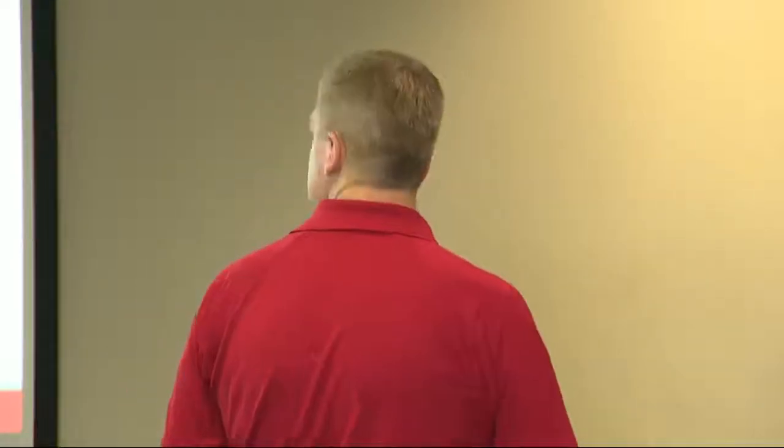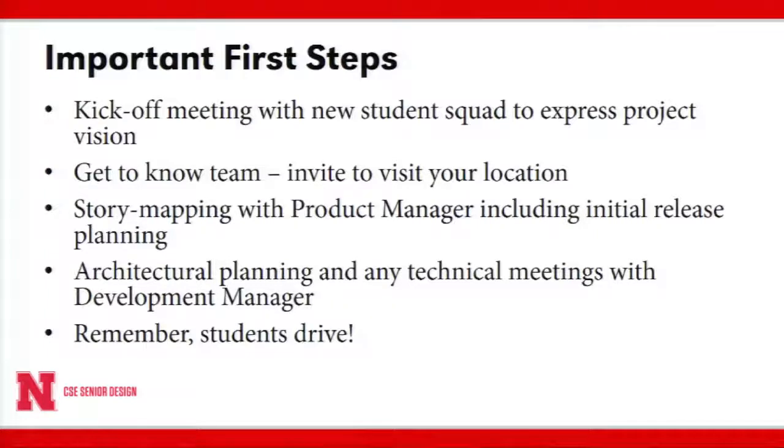Important first steps. One of the big first steps for your project, and I guess I don't list this one up here actually, the very first step for your project once it gets going is we announce to everyone who the teams are and who's all involved in the teams. So this year we'll probably make the team announcements on September 10th.